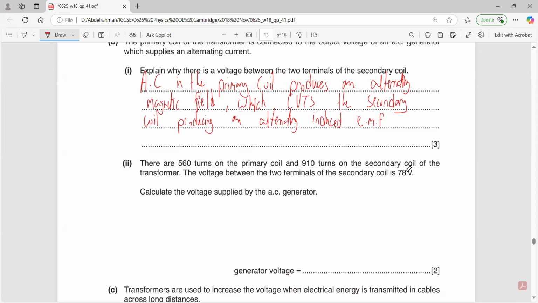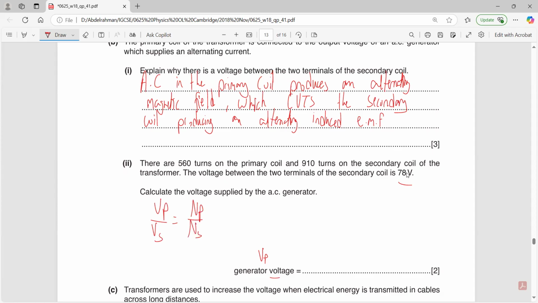There you have 560 turns on the primary coil, 910 turns on the secondary coil. The voltage between the two terminals of the secondary coil is 78 volts. Can I find the generator voltage, or basically the input voltage, which was VP? We have one equation: VP over VS equals NP over NS.